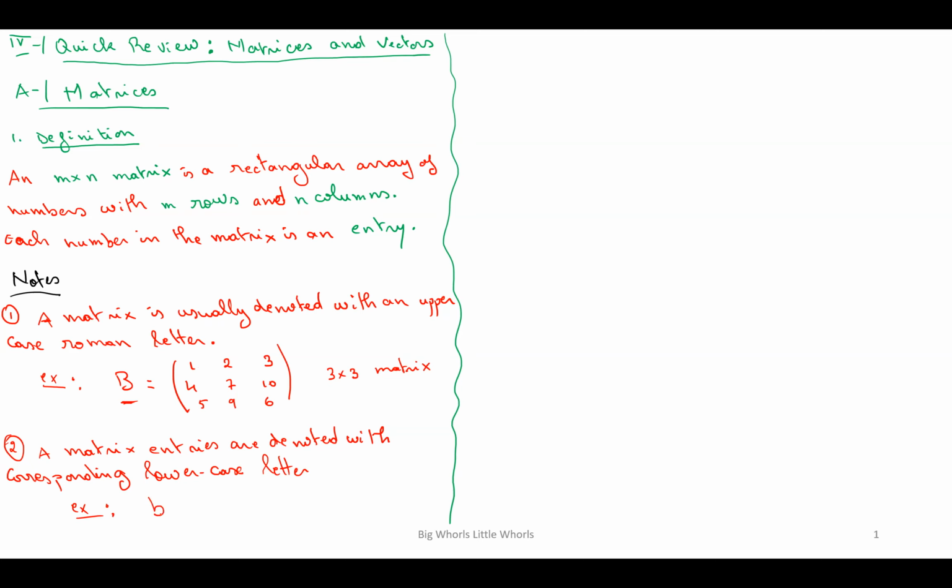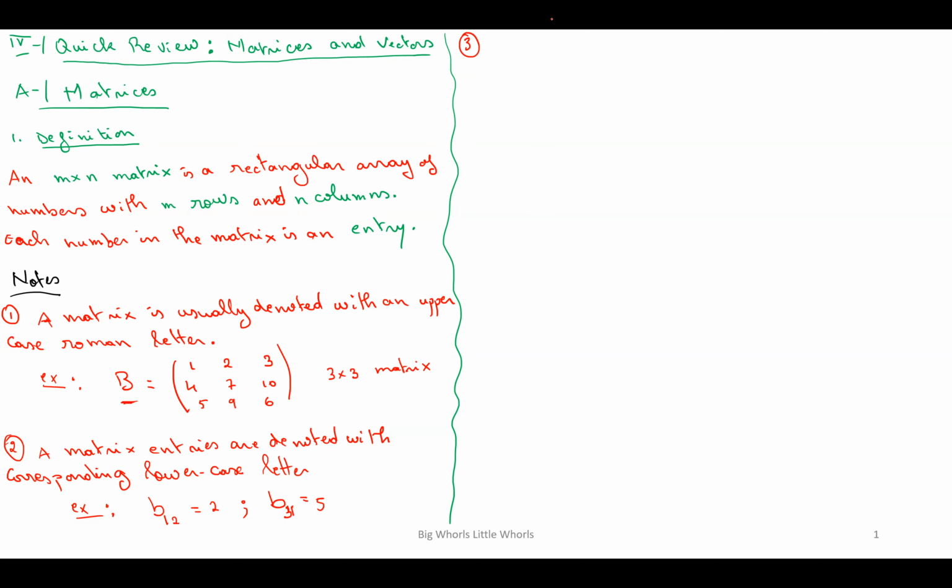I'm going to call it B1,2, first row, second column, equal to 2. I can also pick another one, maybe third row, first column. So B3,1, third row, first column, is 5.